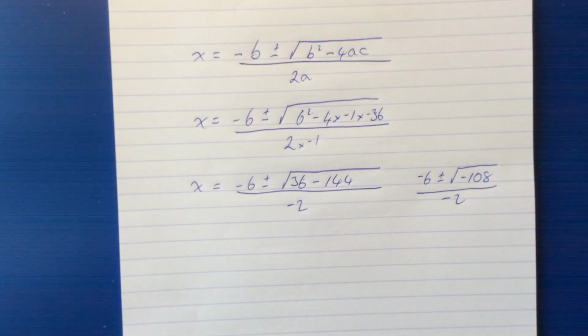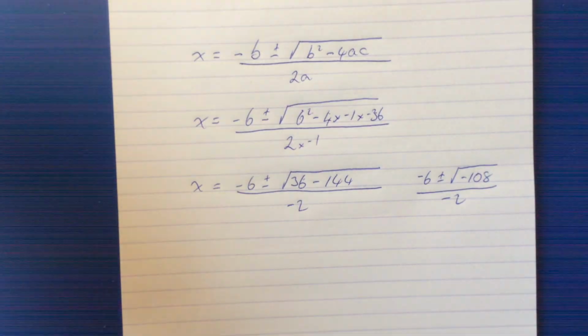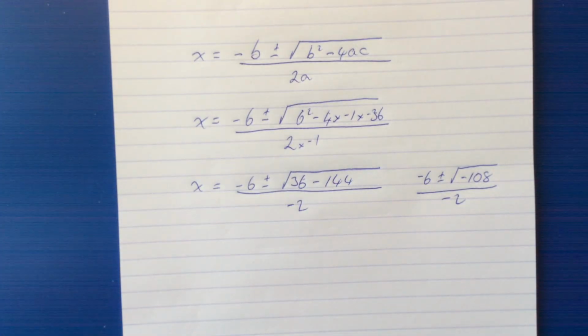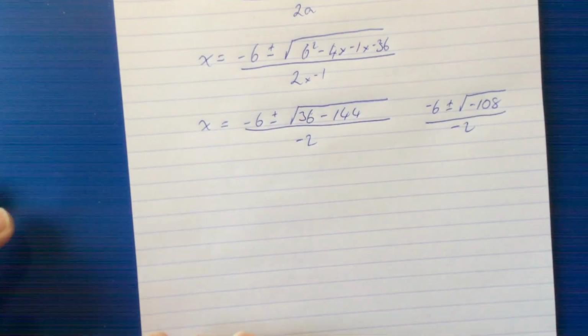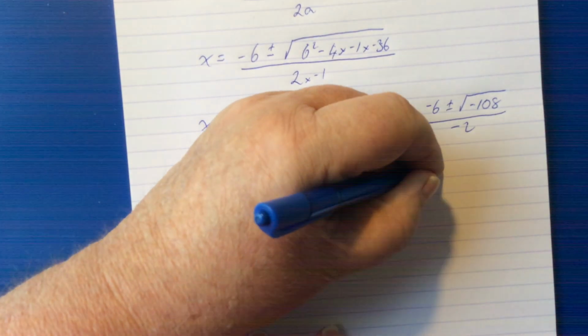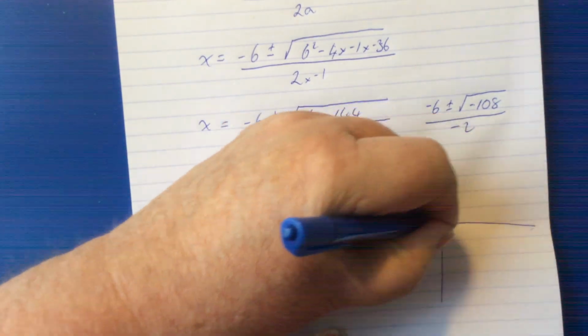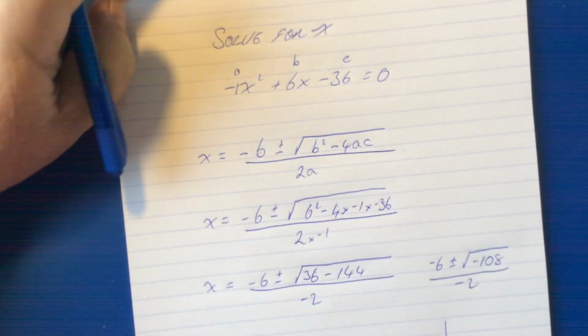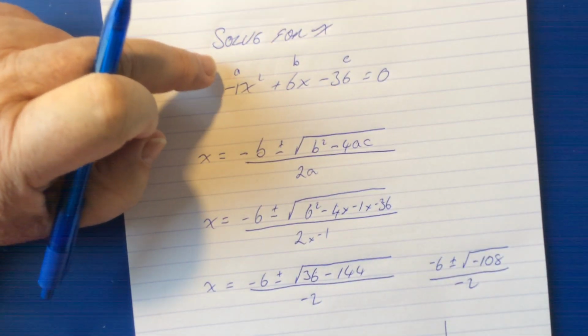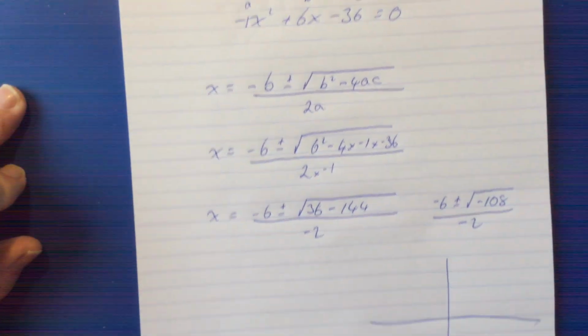And to give you an idea of what we might be looking at and what exactly that means, I'm just going to digress for a moment and draw this function as a quadratic.